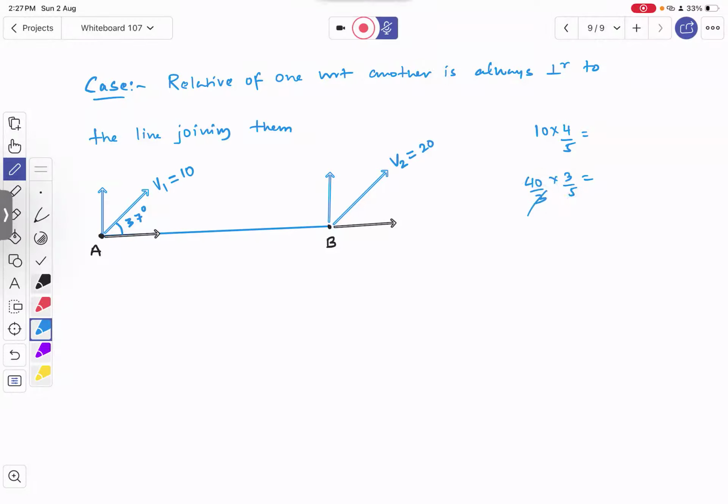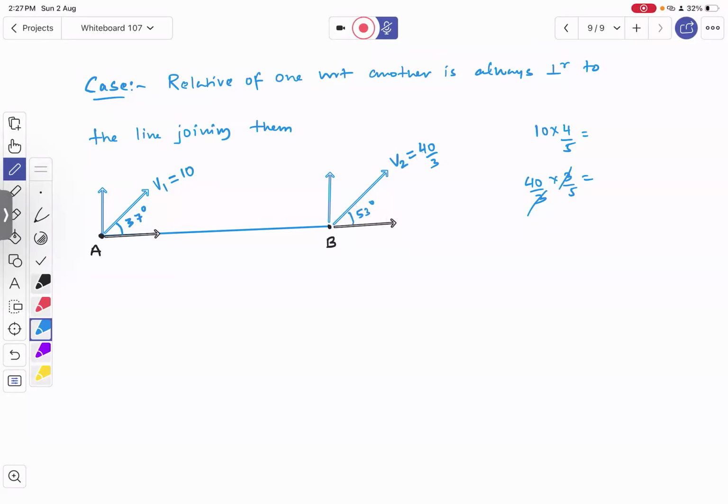Forty by 3, no? 3 gone. Yes. So he is moving with 40 by 3. And this angle is 53 degrees.